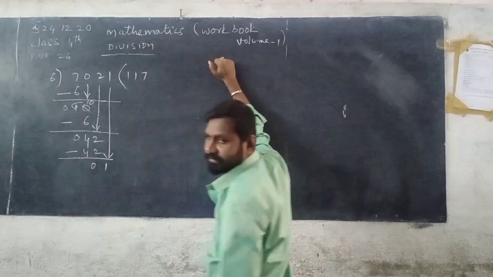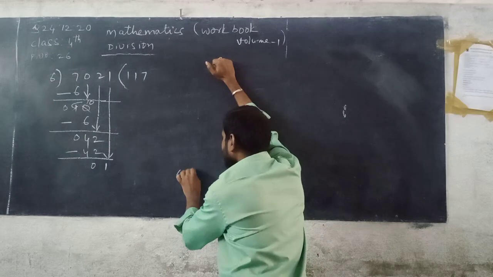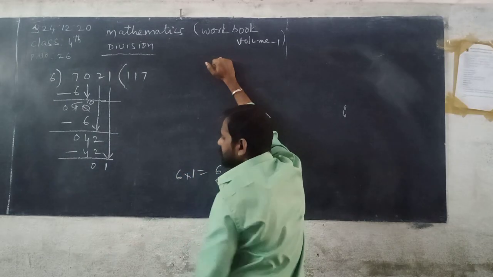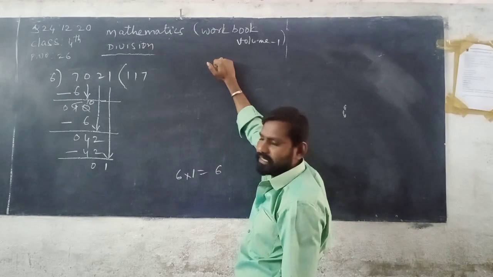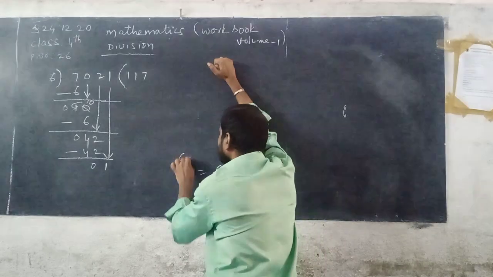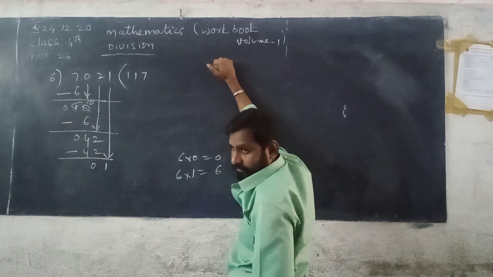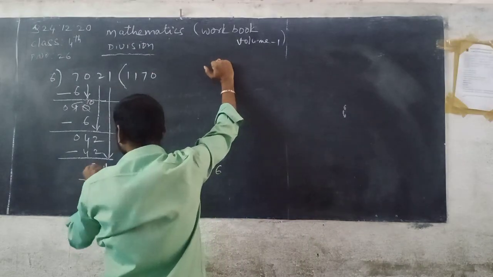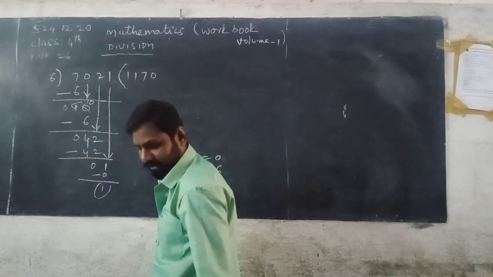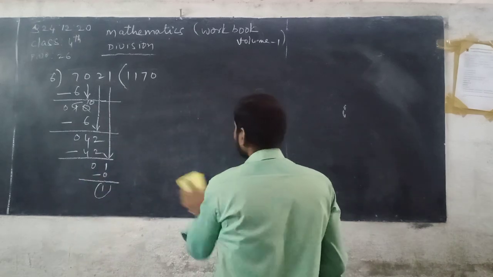What do I have to do? See here, 6 ones are 6. 6 is more than 1. It is not possible. Then we have to take 6 zeros are 0. 1 minus 0 you can get 1. Write down everybody here.